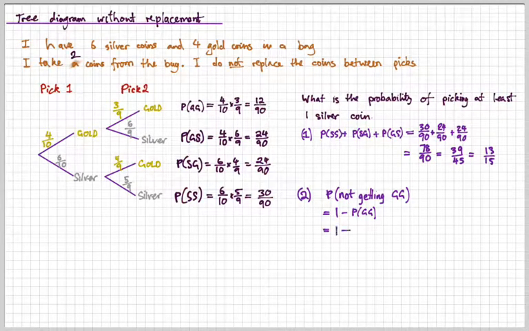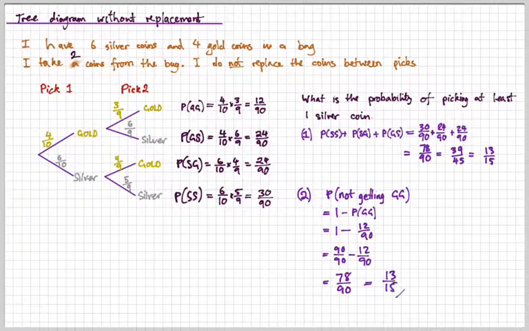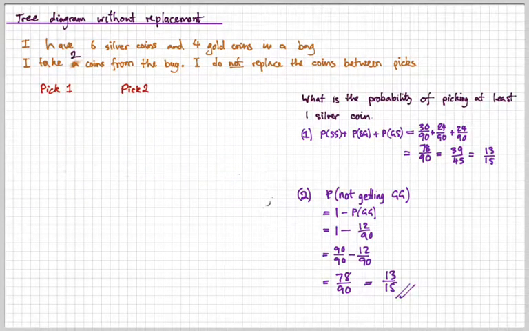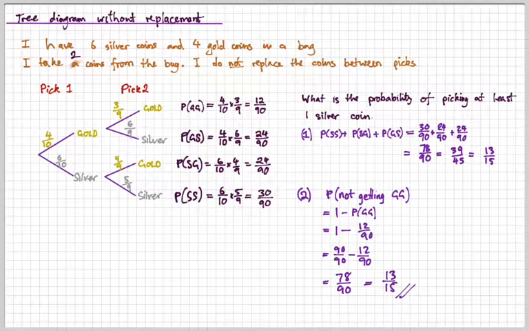The probability of getting 2 gold coins was 12/90ths. So that means 1 take away 12/90ths is 90/90ths take away 12/90ths, which is 78/90ths. And that's the same answer we got in the previous method. Okay? So that's another way to answer the same question.